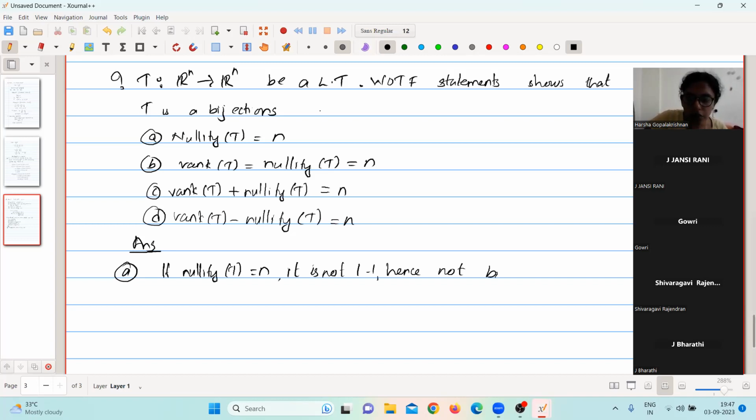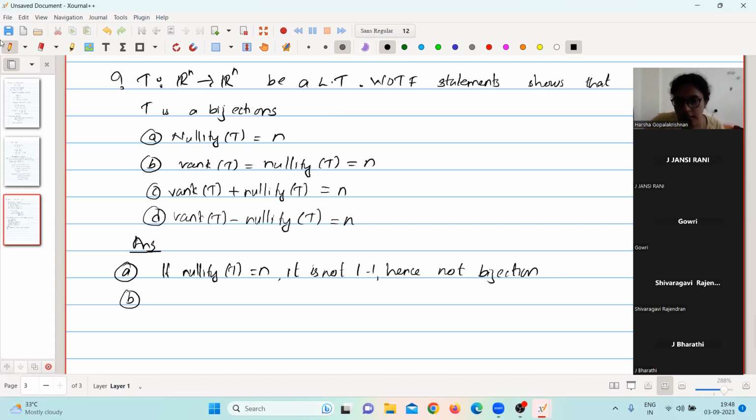Now, what about 2? Why is the second option wrong? The same reasoning you can use, nullity of T equal to N, so this is not possible.